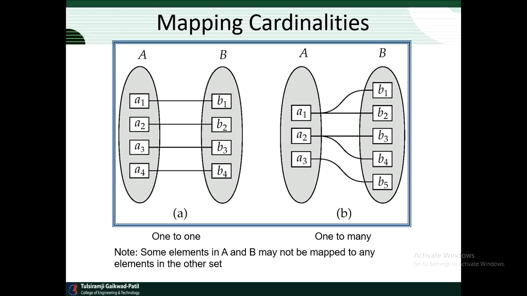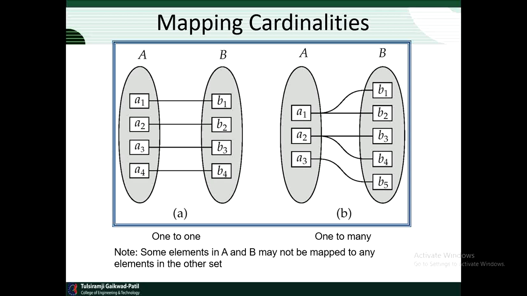Now we can see very easily that attribute A1 of entity set A is associated with two attributes of entity set B, that is B1 and B2. Likewise, attribute A2 of entity set A is associated with two attributes of entity set B, that is B3 and B4. And again, an attribute of entity set A is associated with only one attribute of entity set B. So this is what one-to-many means.